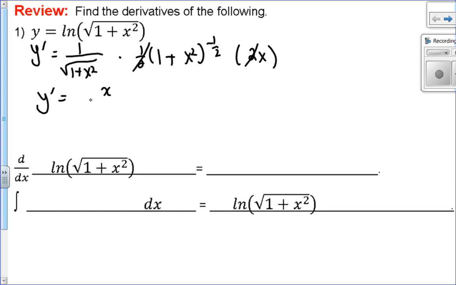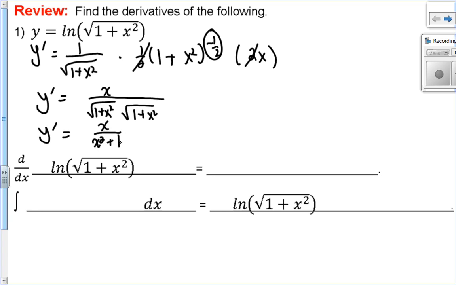So I would have x over the square root of 1 plus x squared, and then this as a negative goes into the denominator, which is 1 plus x squared. Those two roots are identical, so y prime would be x over x squared plus 1. So the derivative of ln root 1 plus x squared is just x over x squared plus 1.